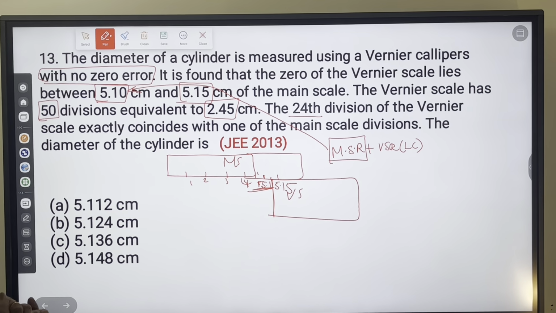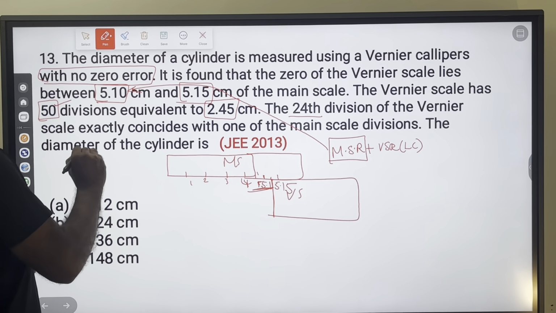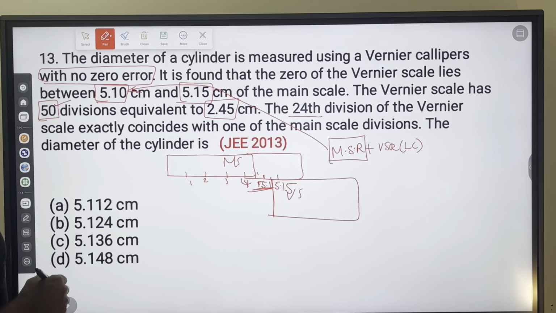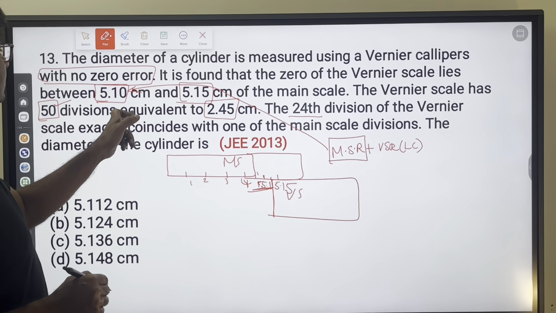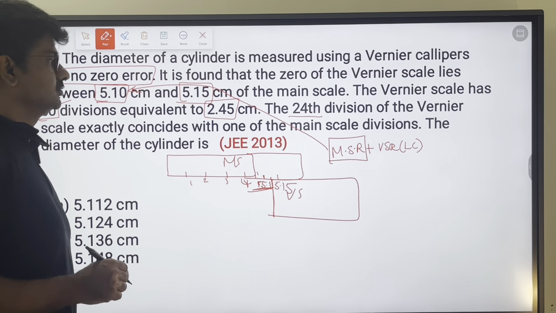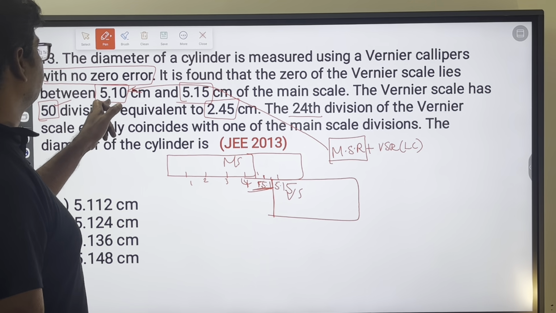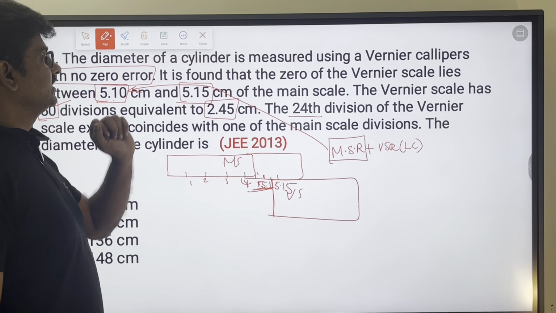So how to find the least count now? To find least count, here you see 50 divisions are equivalent to 2.45. And one more thing here, main scale is 5.1 centimeters and 5.15 centimeters.